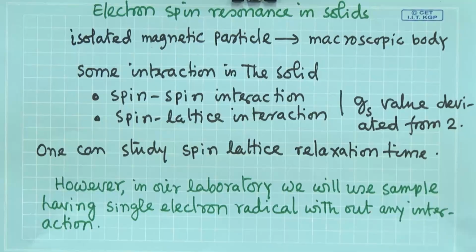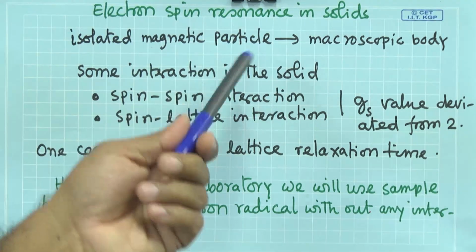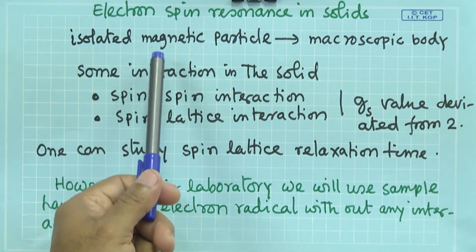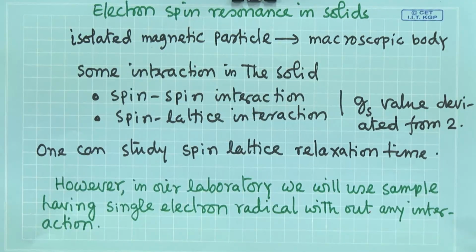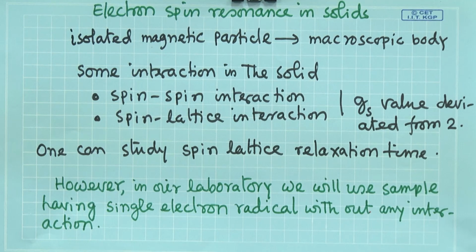In a solid, an isolated magnetic particle is now in a macroscopic body with a different environment. The spin is no longer alone; it interacts with the spins of neighbors, and there may be spin-lattice interaction. Due to this interaction, the G s value is affected and deviates from 2.